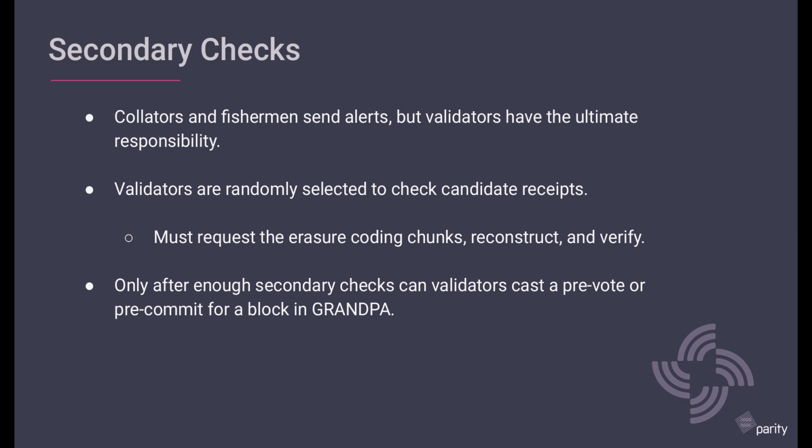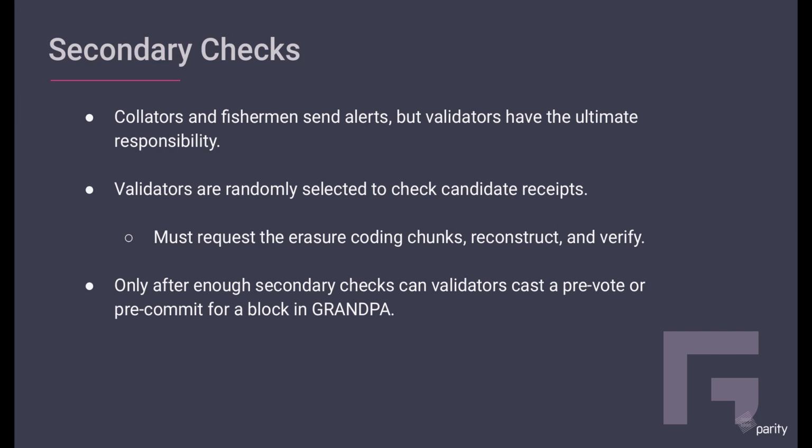So besides these 10 validators that were randomly assigned to a parachain to actually go through the PoV process, we're just going to randomly select other validators again from Polkadot to ask for the erasure coding chunks, reconstruct the PoV block, and validate it. And so only after we've done enough secondary checks can one of these validators actually cast a vote for this block in GRANDPA, which is our finalization algorithm.